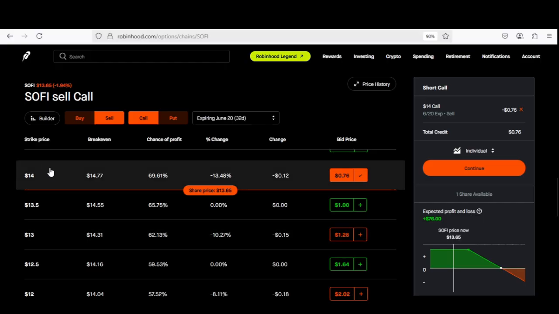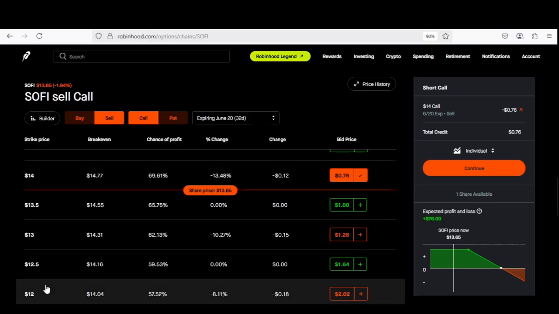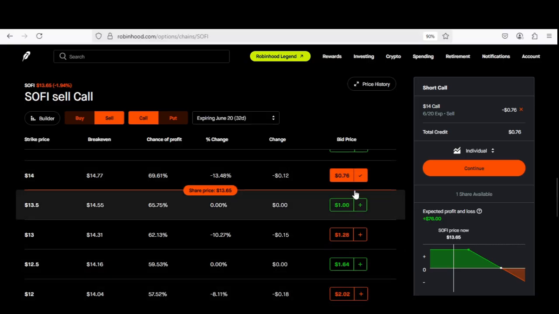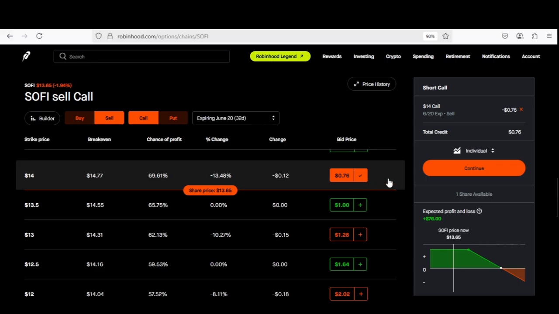And that's why I would choose the $14 price in order for me to get a bigger, wider spread. So for this instance, you're going to be losing your 100 shares, but now you're going to be gaining almost $300. It's going to be your $200 for your investment gains plus the amount of credit you received when you did the option strategy. That brings you full circle with the wheel option strategy.